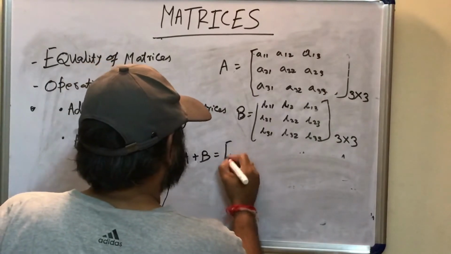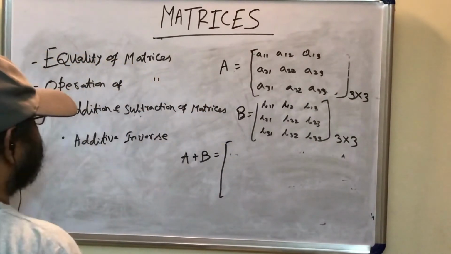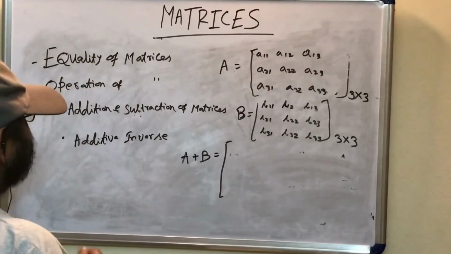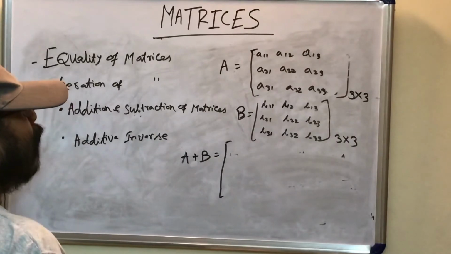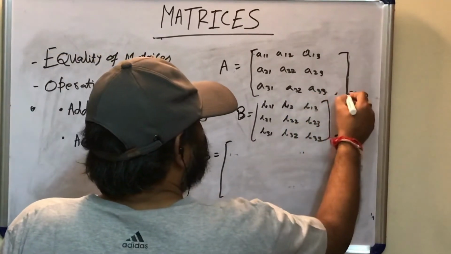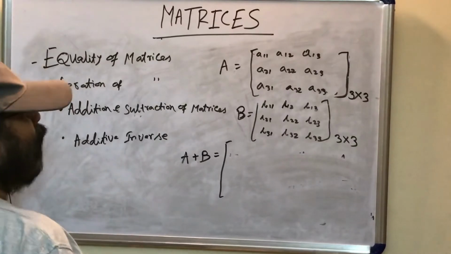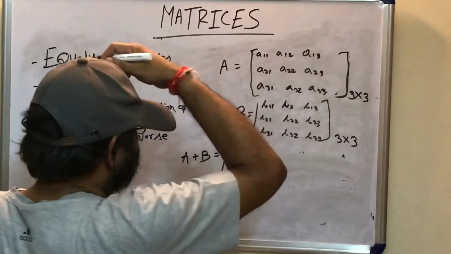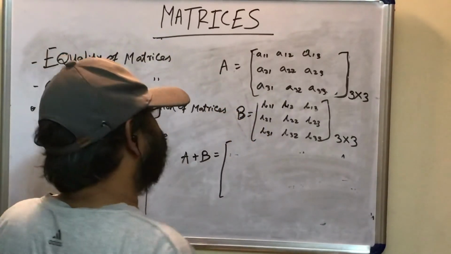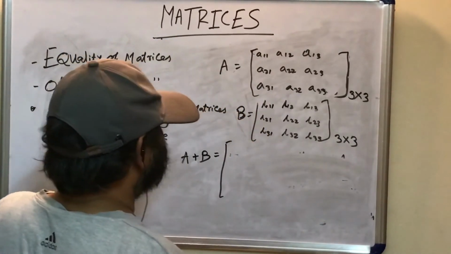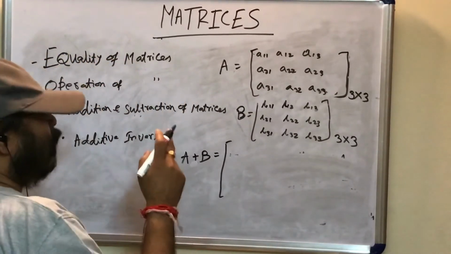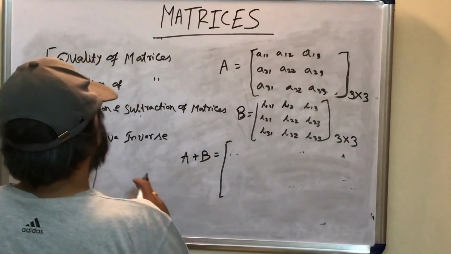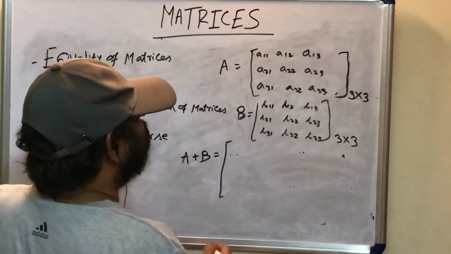A plus B will also be a matrix. The first thing is that the precondition of addition or subtraction of two matrices is that the order of both the matrices must be the same. Here the order of matrix A is 3 by 3 and the order of matrix B is 3 by 3. Since the order of both the matrices is the same, addition and subtraction is possible.